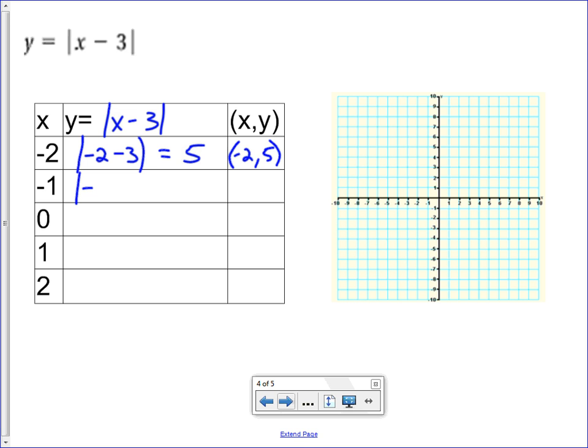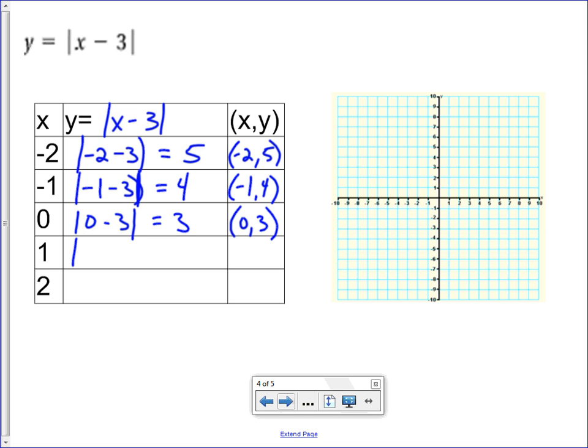If I plug in a -1, I'd have a -1 minus 3, which is a -4, but the absolute value of that is +4. So I'd have a -1, +4. If I put in a 0, I'd have a 0 minus 3, which is -3. The absolute value of that is +3. So I'd have the ordered pair 0, 3.